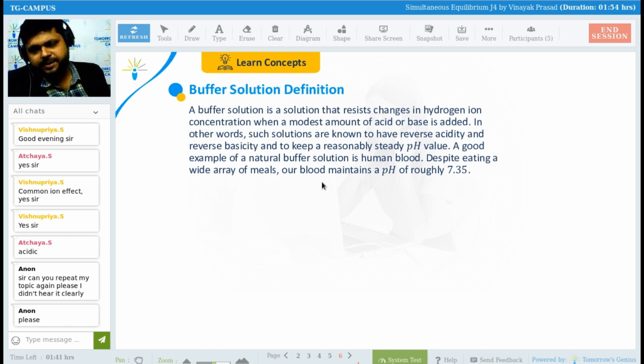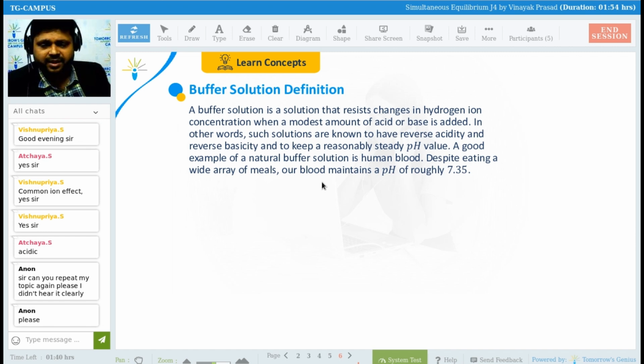Arrhenius concept of acid and bases. Bronsted-Lowry acids and bases. These two topics you have to prepare. Bronsted-Lowry theory and Arrhenius concept of acid and bases. And there was one more scientist whom I have discussed in the class. So all those three scientists, like one is Lewis acid and bases, right? So what they have told about the acid and basic natures, that you have to represent in tomorrow's class, right?